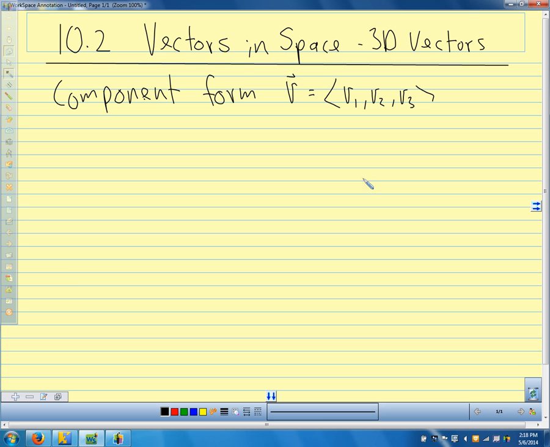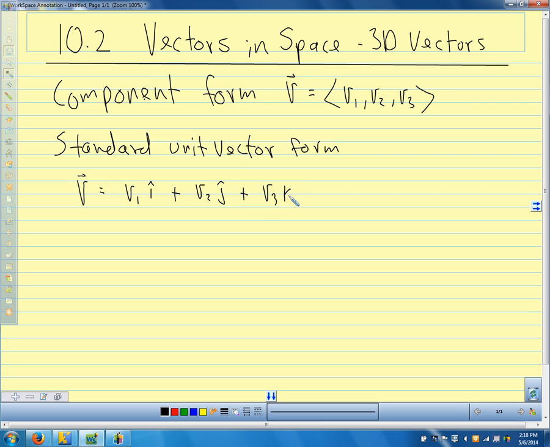We can also use our standard unit vector notation. You see standard unit vector notation in physics and science a little more. So in standard unit vector form, we say that v equals v1 i hat plus v2 j hat plus v3 k hat, where i hat, j hat, and k hat are our standard unit vectors.